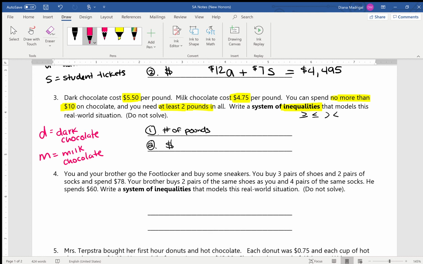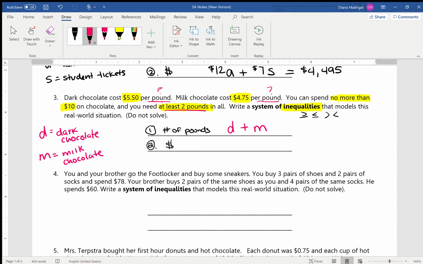Again, the first one is number of pounds. You have dark chocolate costs $5.50 per pound. Per pound. Do you know how many pounds you're going to have for dark chocolate? You don't. So that's going to be D plus, milk chocolate costs $4.75 per pound. Again, I don't know how many pounds I'm going to have for milk chocolate. So that's plus M because it's unknown. And the one that's talking about pounds is the number 2. You need at least 2 pounds.